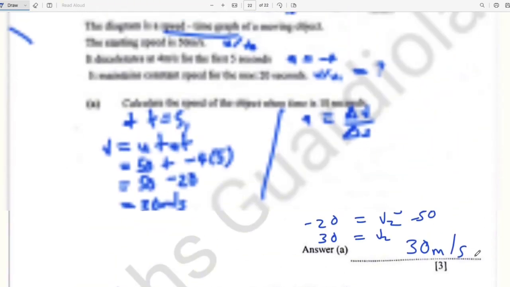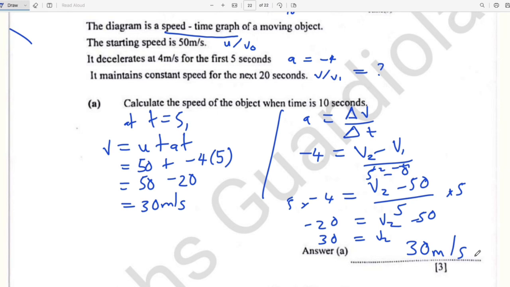Maybe something worth noting is that whenever you encounter acceleration and deceleration, you should always remember that they are the same thing but going in opposite directions. When it is just acceleration, you are given that the acceleration is mostly positive. But when you are given deceleration, it is negative acceleration. This is why you saw that I used the value of minus 4, but I used the word acceleration.